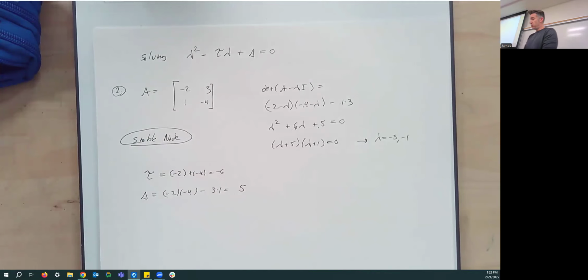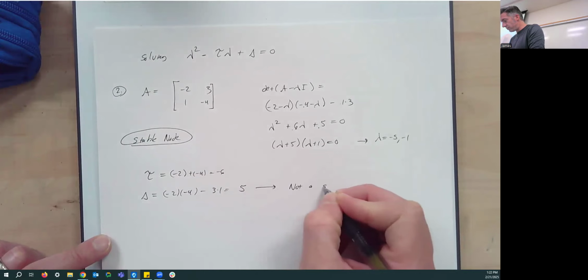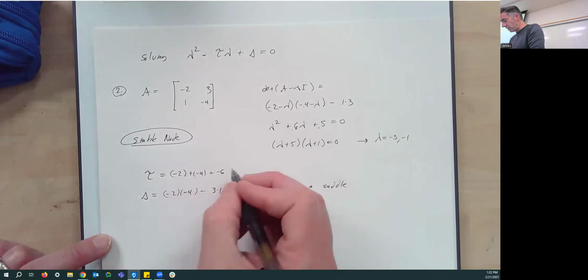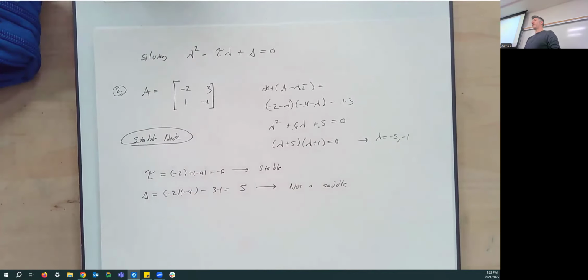So again, determinant being positive, not a saddle. Trace being negative, stable. But then we're not sure if it's a stable node or a stable spiral. So we have to figure out if we're above that parabola in spiral land or below that parabola in node land.